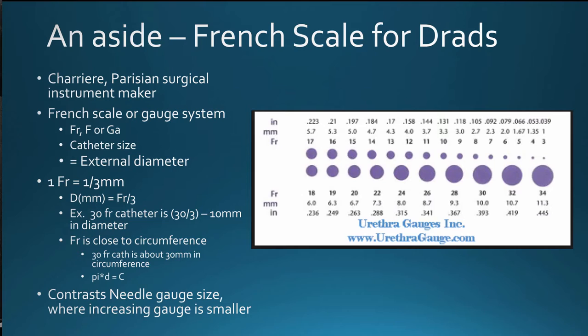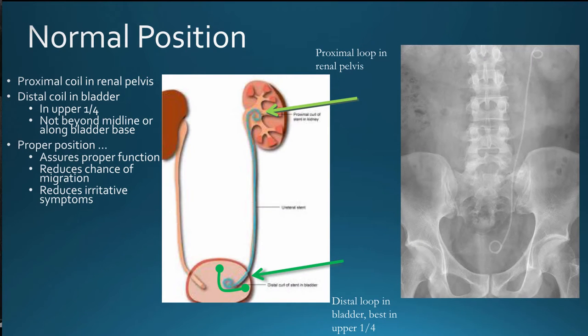So a 30 French catheter is about 10 millimeters in diameter, but also about 30 millimeters in circumference. So just an aside for the somewhat slow-witted diagnostic radiologists who, as opposed to the IR docs, don't see these catheters on a daily basis.